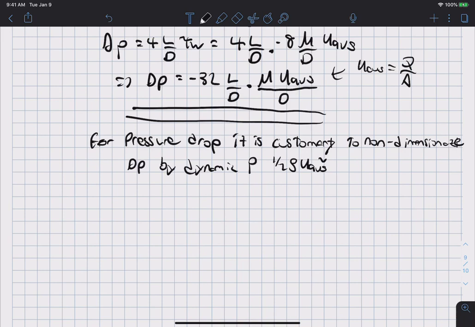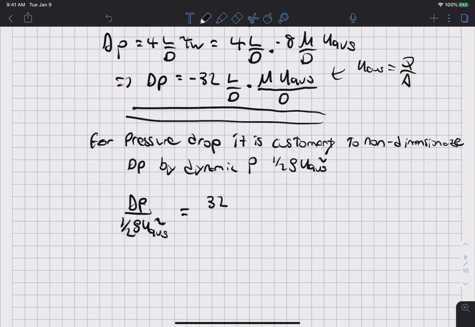Okay, and you can come up with the scaling using a Buckingham Pi analysis. So we get delta P over 1/2 rho U average squared is equal to our relation here, and I'm going to drop the negative sign because it is understood that the pressure decreases.